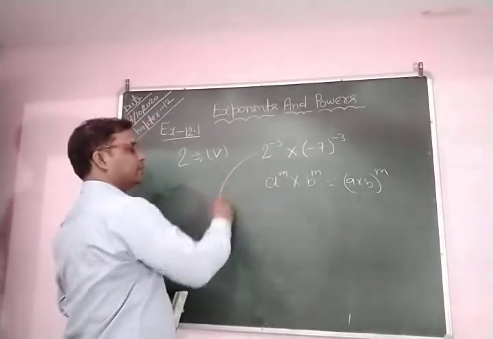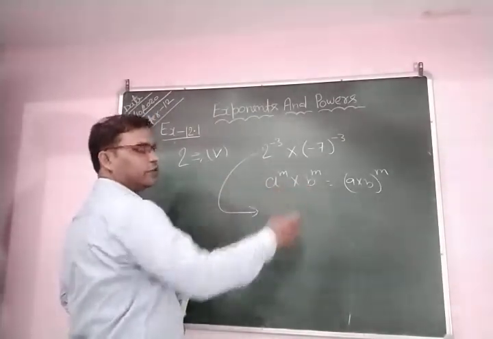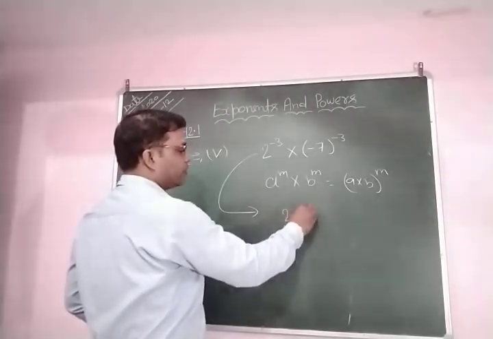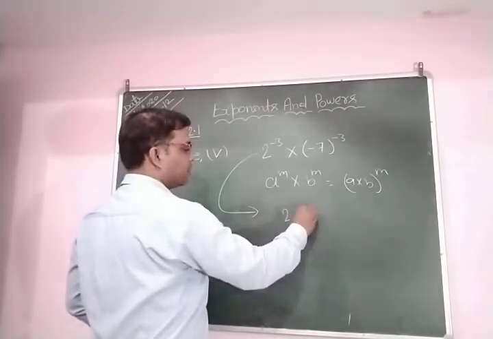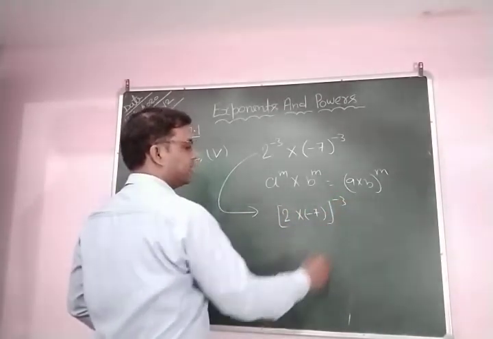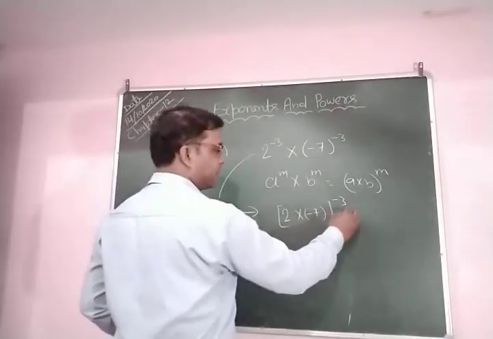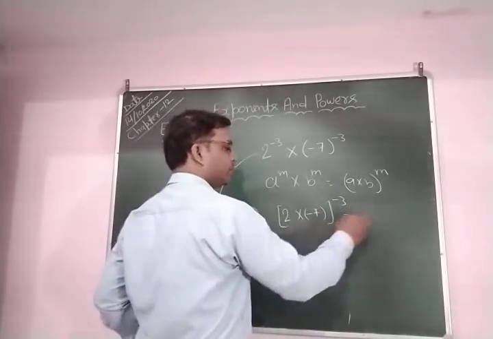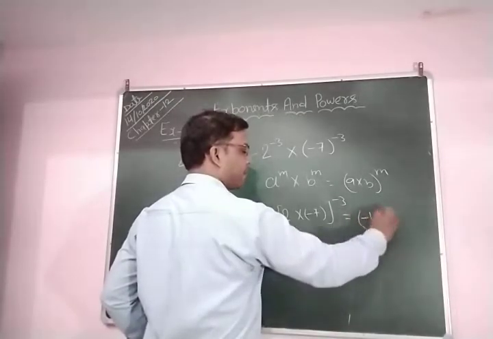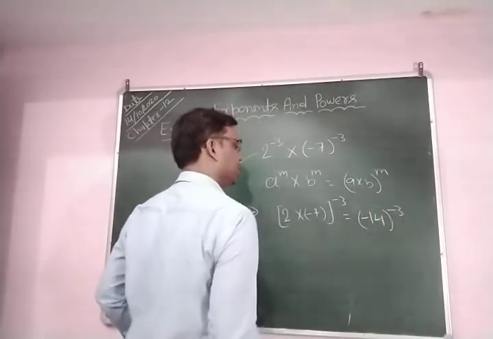So we can write, according to this law of exponents, 2 into minus 7 whole power minus 3, or you can write this is equal to minus 14 power minus 3.